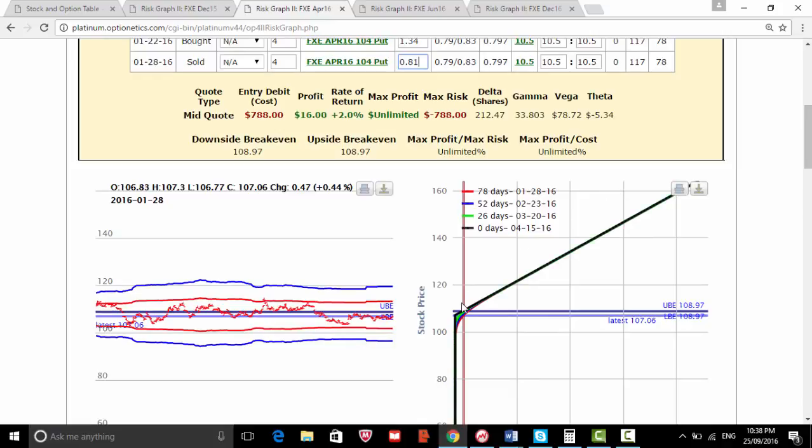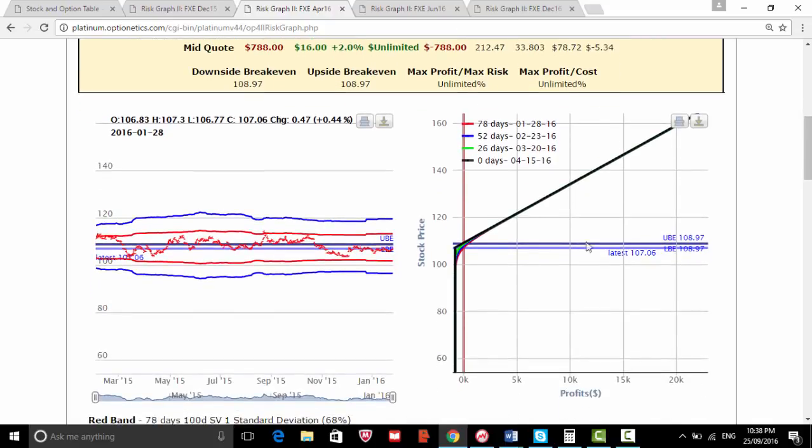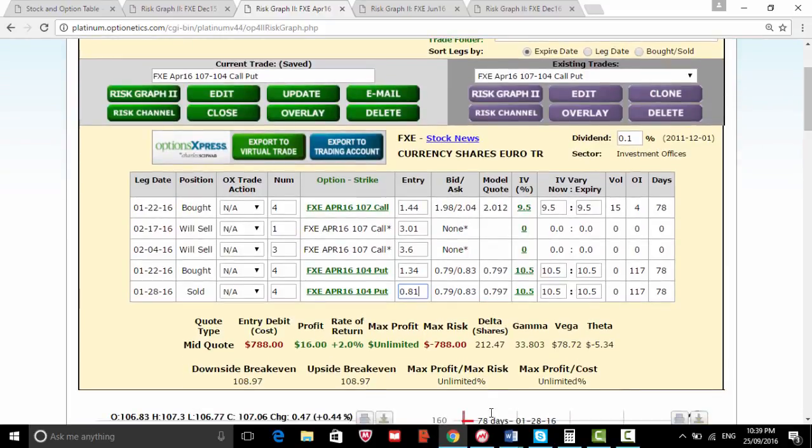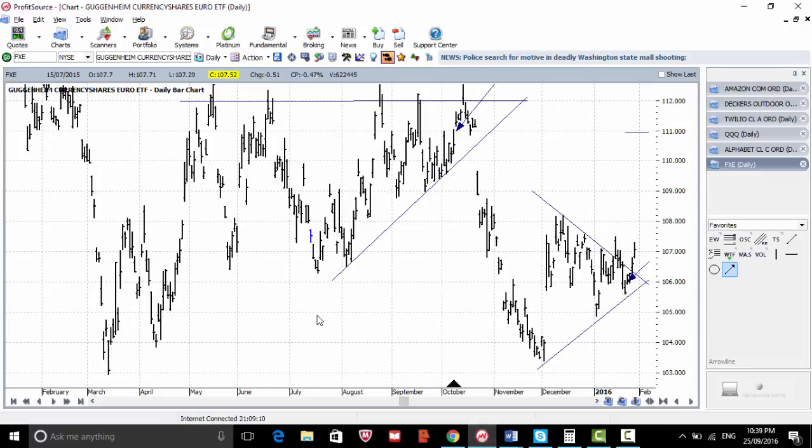It's moving to the right hand side. So as the stock moves up, or in this case the euro moves up, then our profits actually increase. So we now need to just continue and see how this trade works out.